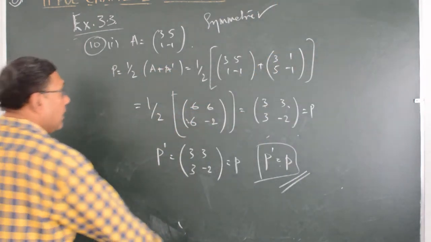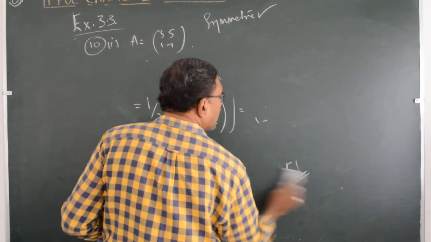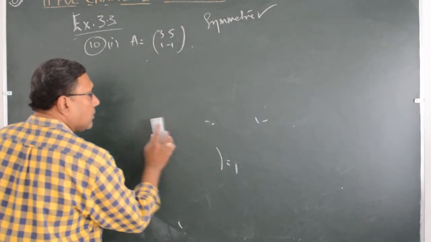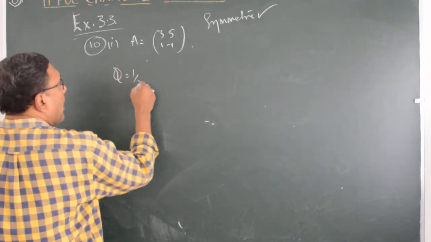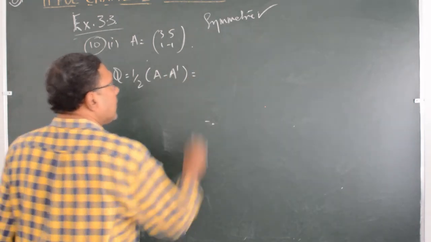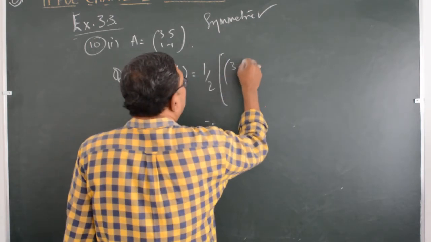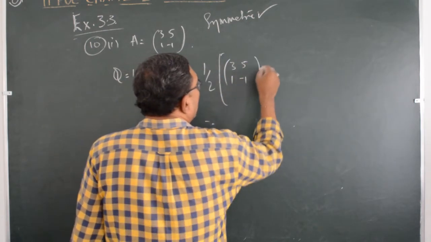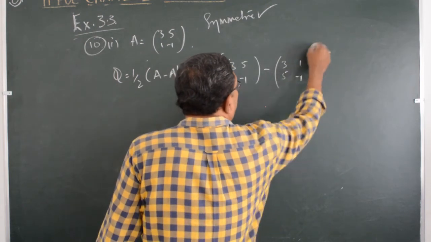Let us find whether it is also skew symmetric. So the formula is the same. We all know half of A minus A transpose, which is equal to half, I will keep outside, and I will take the matrix 3, 5, 1, minus 1 minus 3, 1, 5, minus 1. Right.